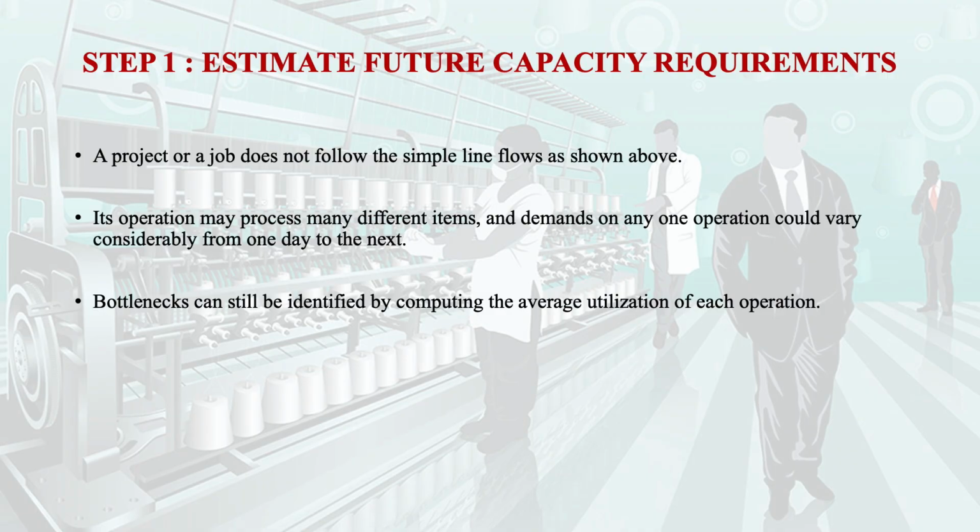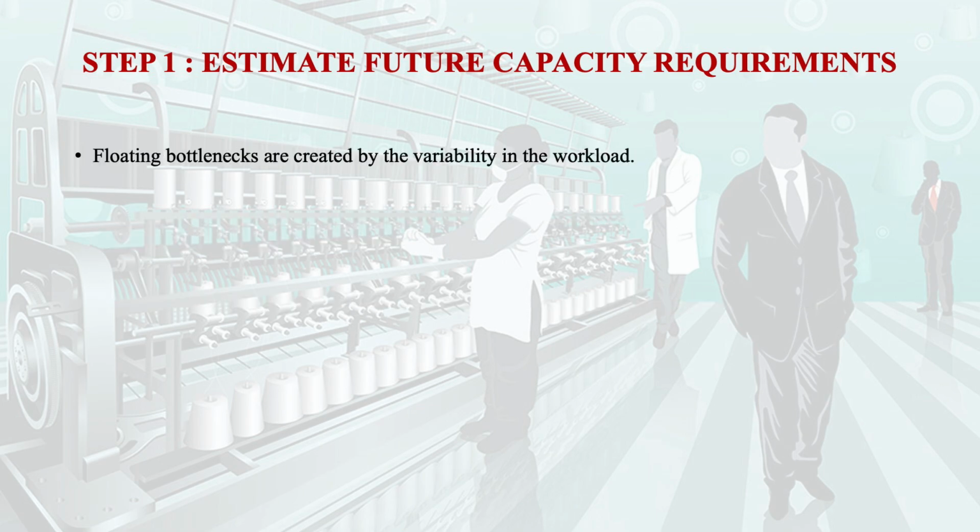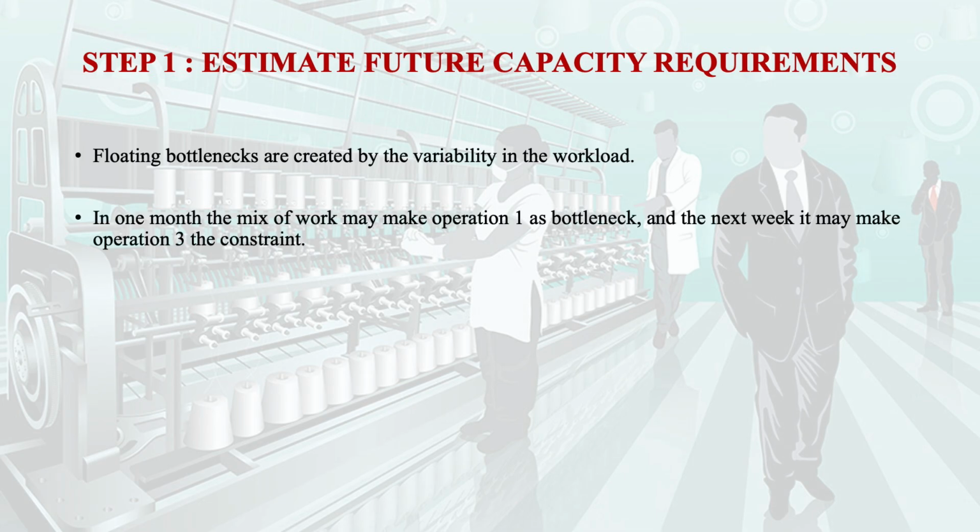Even then, we have to identify the bottlenecks by computing the average utilization of each operation. Floating bottlenecks are created by variability in the workload. In one month, the mix of work may make operation 1 the bottleneck, and in the next week it may make operation 3 the bottleneck.